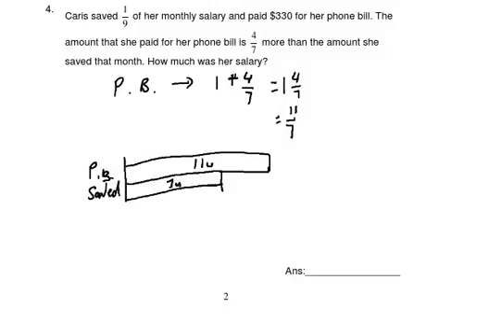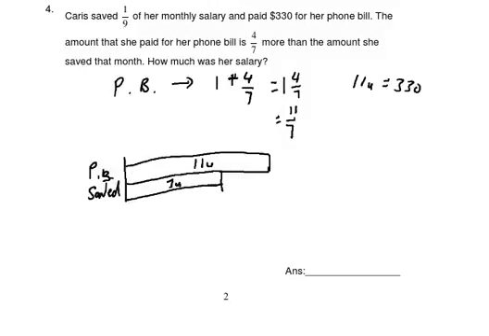Okay? So now, phone bill 11 units, save 7 units. You know that she saved 1/9 of her monthly salary, and paid $330 for her phone bill. So if you know that $330 is for the phone bill, am I right to say that 11 units equals to $330?